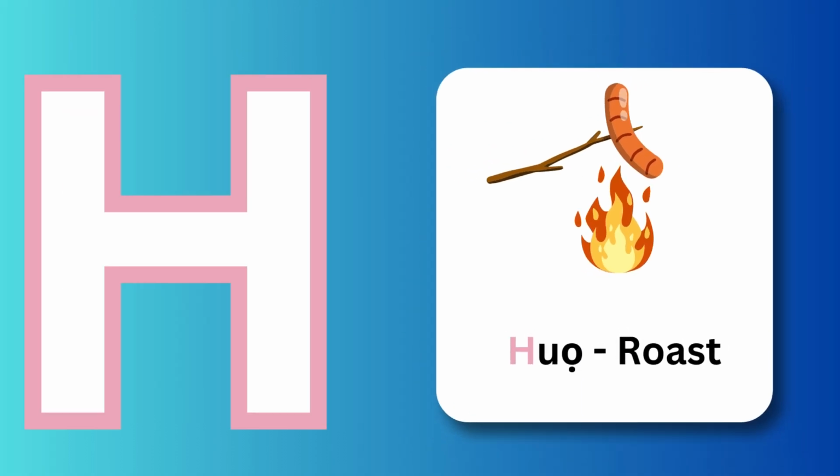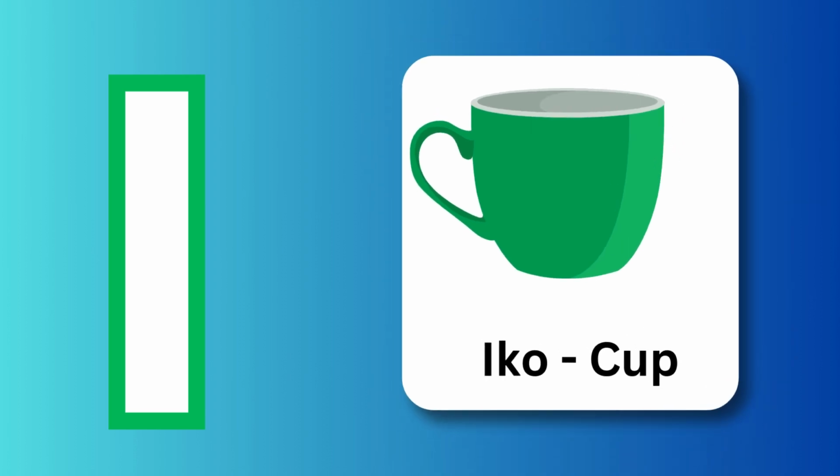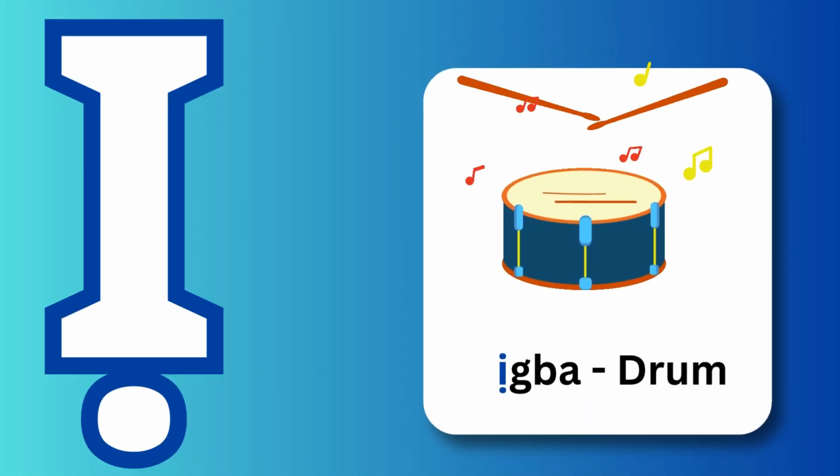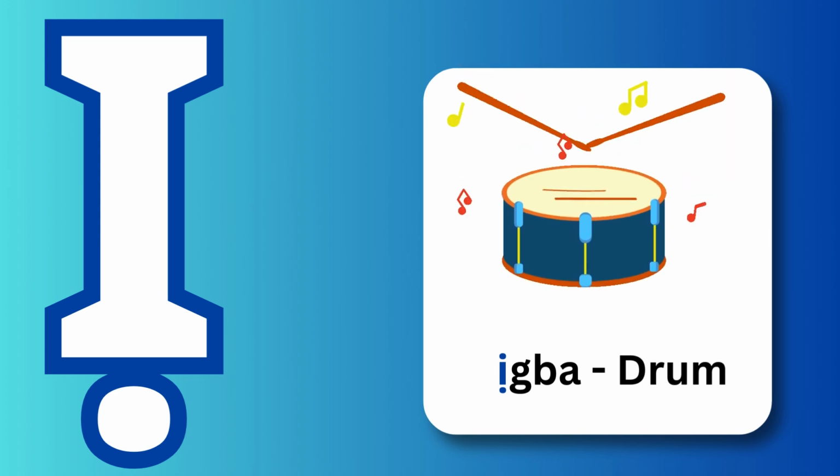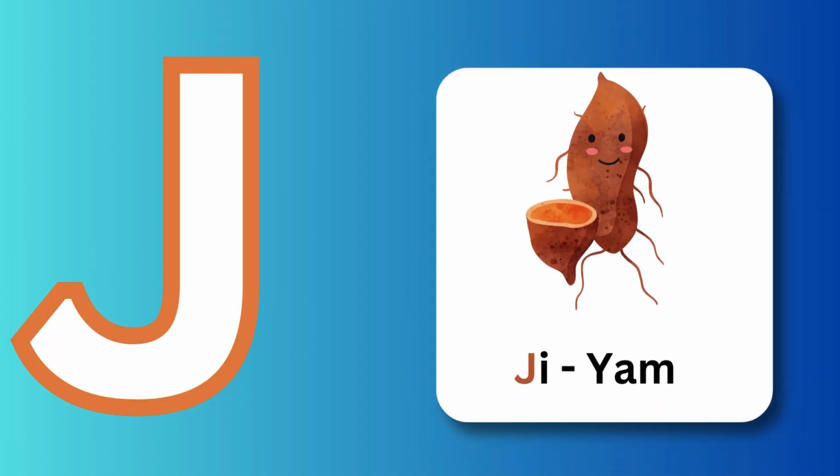H dịka na hụọ, that is roast. I dịka na iko, that is cup. I dịka na ịgba, that is drum. J dịka na ji, that is yam.